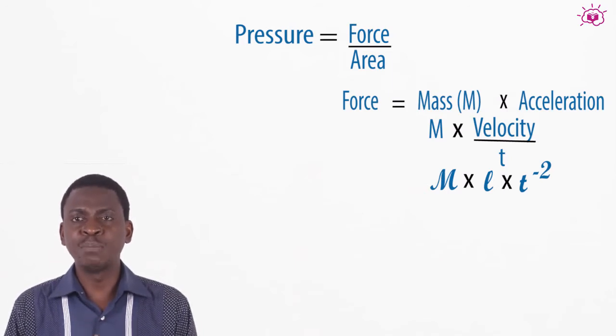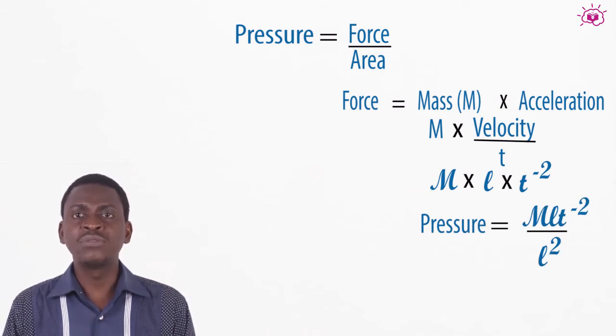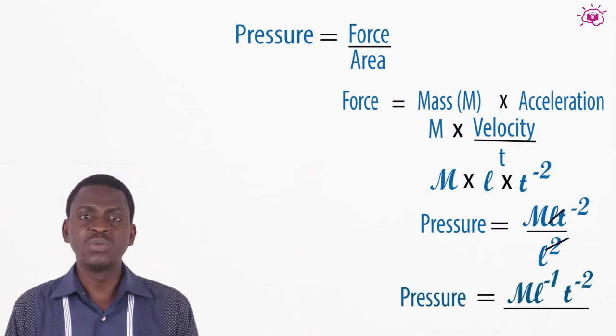And force is mass times acceleration. Therefore, force in dimensions will be MLT^-2 over area. Area is L squared. So by the time you do the mathematics, you will arrive at ML^-1 T^-2.